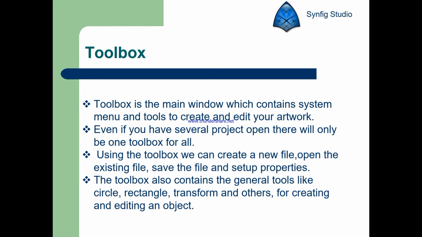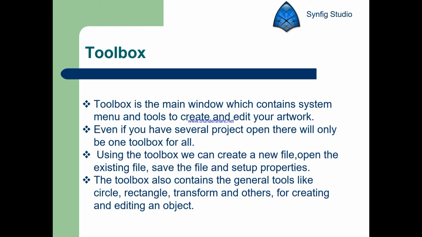We will see them in detail in the chapter. Next, toolbox. What is toolbox? First we go with the toolbox. So toolbox is the main window which contains the system menu and tools to create and edit your work. If you have several projects open, there will only be one toolbox for all.